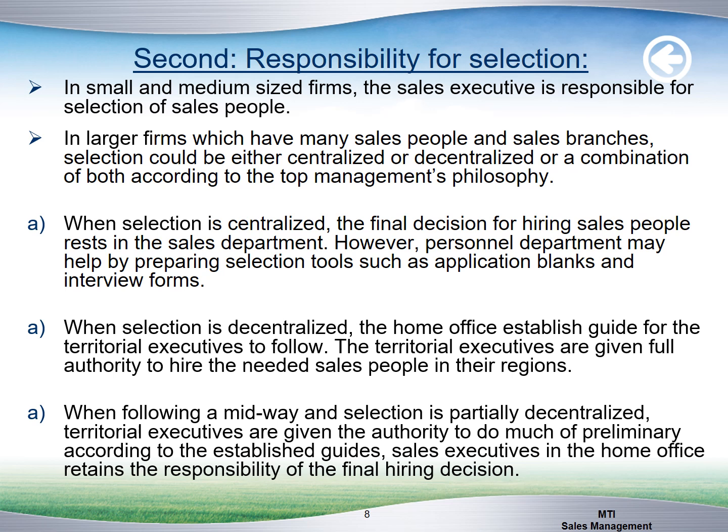The first is centralized, which means the head office is responsible for selecting the sales people. The second type is decentralization, in which the head office prepares a good guide and gives it to the branch managers of any branch to follow in selecting sales people.